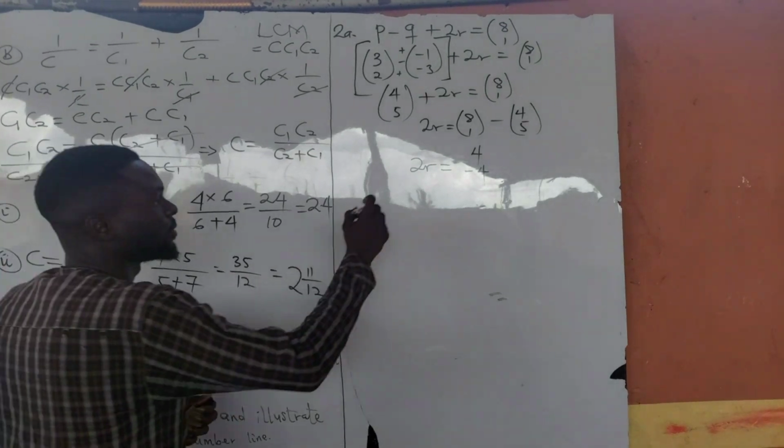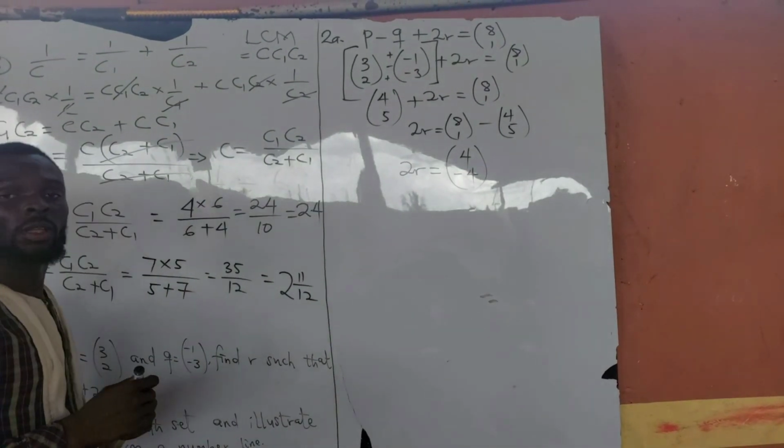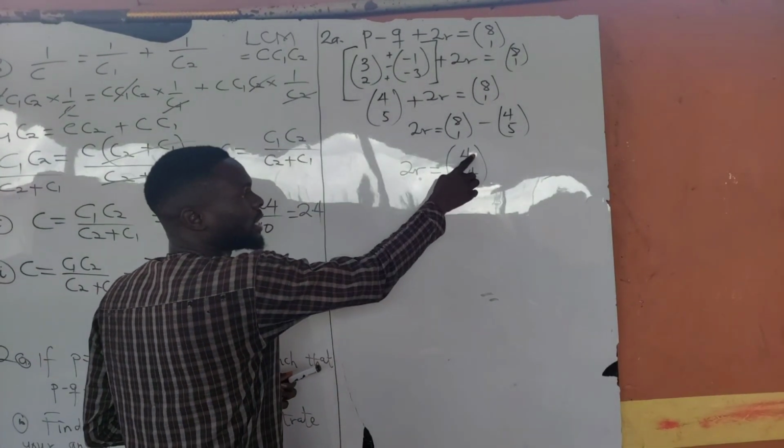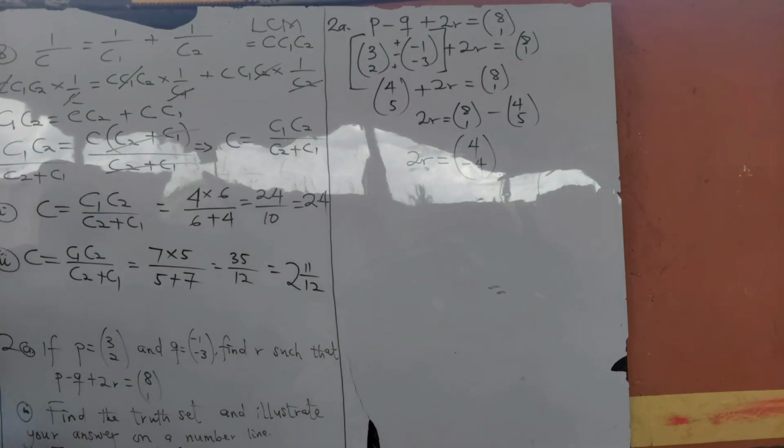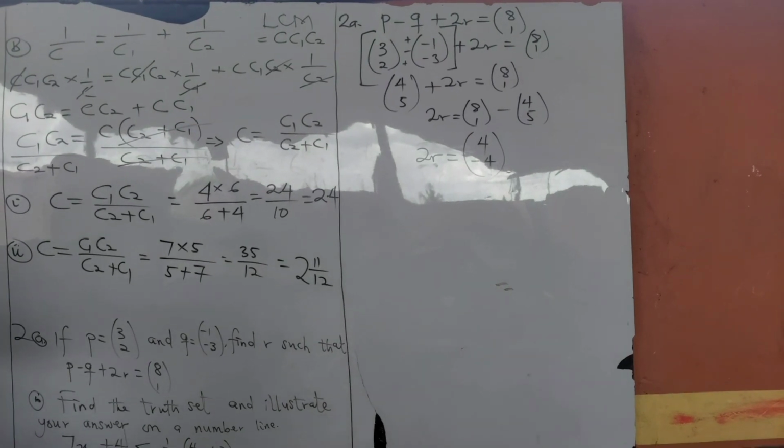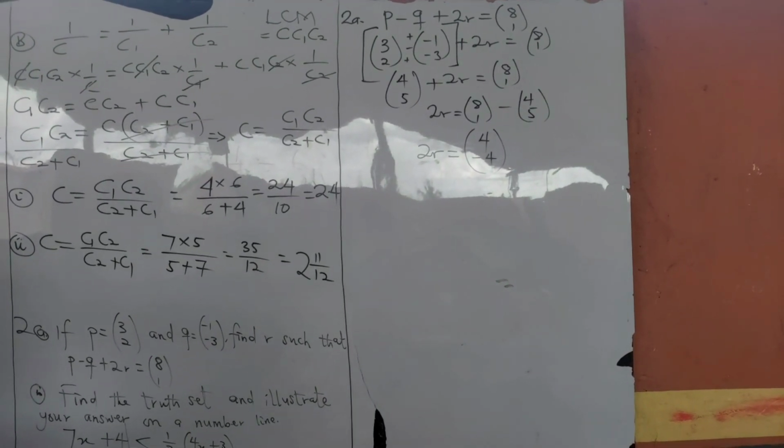So this is a vector. We take the 2r for this and 2r also for this in order to solve for the vector r.